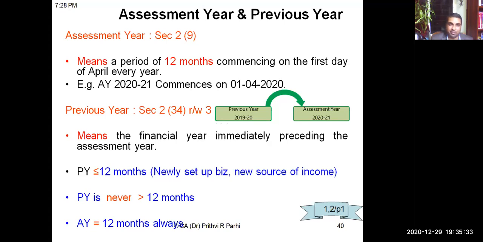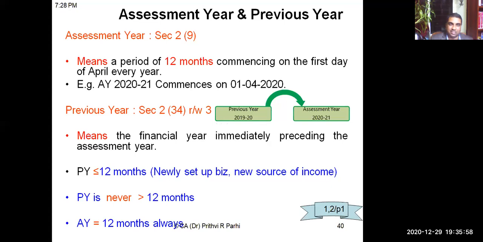And that will be called assessment year 21-22. It will be beginning from 21 and will end in the calendar year 22. So assessment year 21-22 will be commencing from 1st April 2021. Assessment year concept is clear.